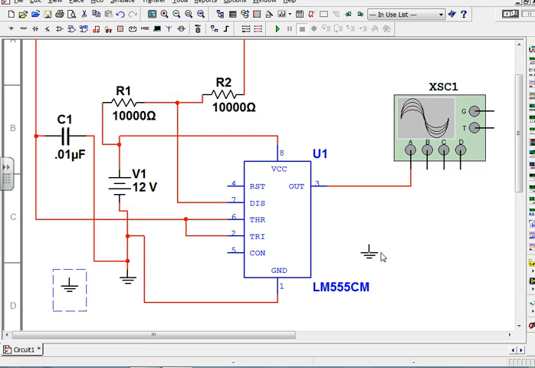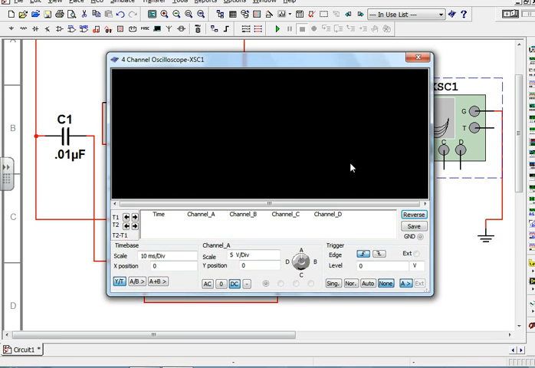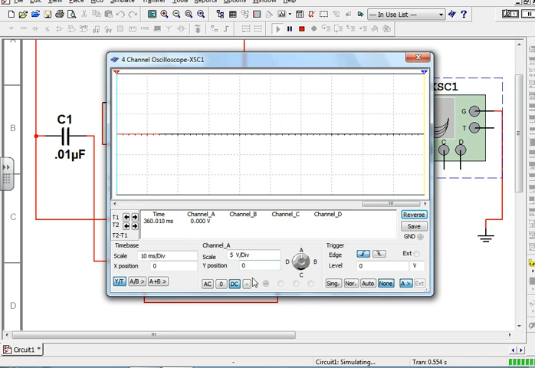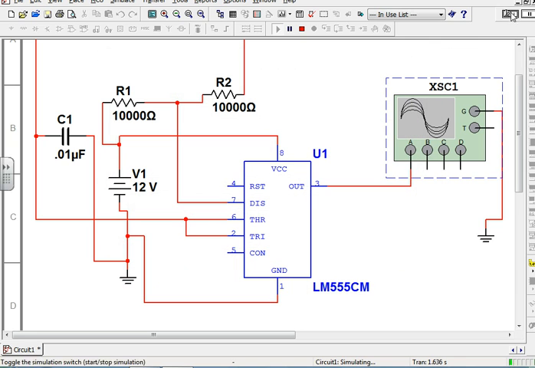Where's my other ground? There's my other ground. Bring it over here. Turn this on. Turn that on. And what do we see? Diddly squat. Absolutely nothing. All right, so what should we do first?